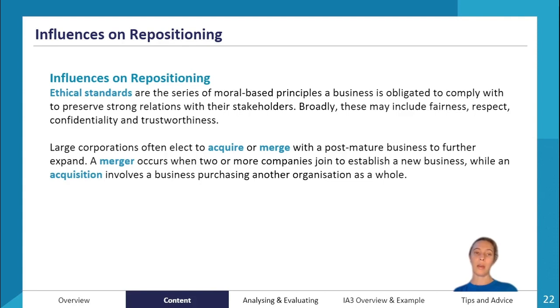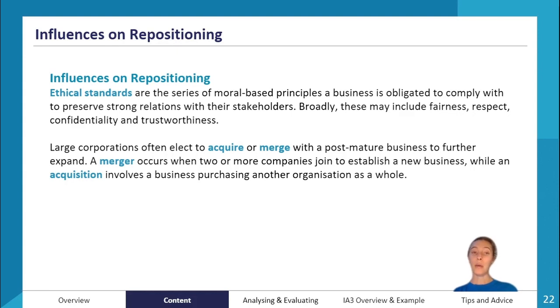that may be present. So large corporations often elect to acquire or merge with a post-mature business to further expand. And so a merger is when two or more companies join to establish a new business. They're merging together to create something new.